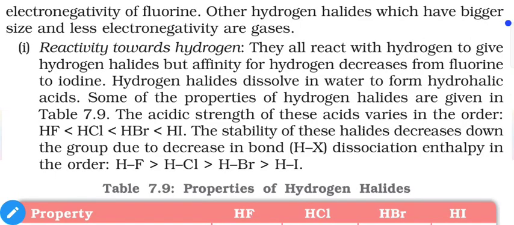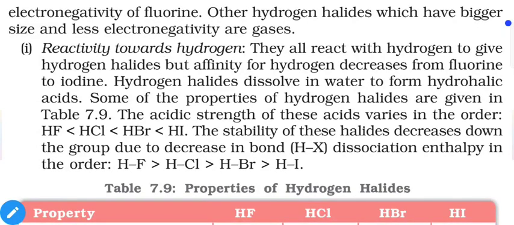Other hydrogen halides which have bigger size and lower electronegativities are gases. For example, we can take HCl. The actual HCl we use in the laboratory is a solution of HCl in water. Pure HCl is a gas. So when we leave it open, HCl gas will evaporate from the hydrochloric acid.